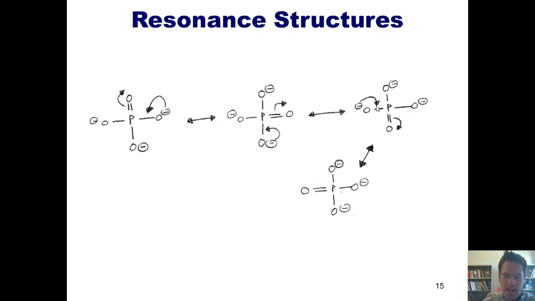And where do we go next? Well, we can have these electrons come down here to form a phosphorus-oxygen double bond, pushing these back, and you'll note that doing so returns us back to the very original resonance structure that we started with. Hence, the 3 structures that might be asked for in these questions are the ones indicated here.